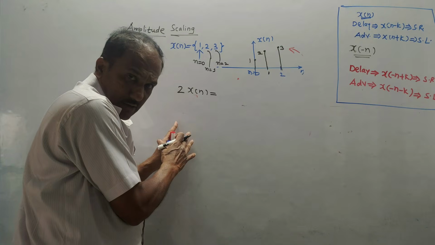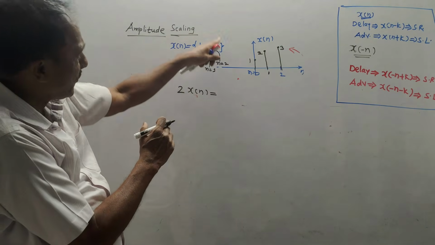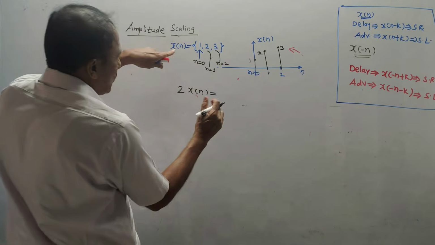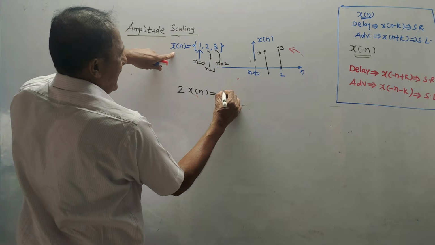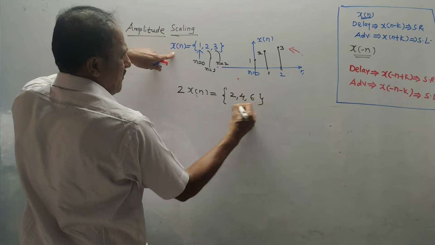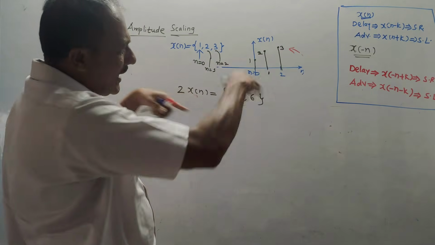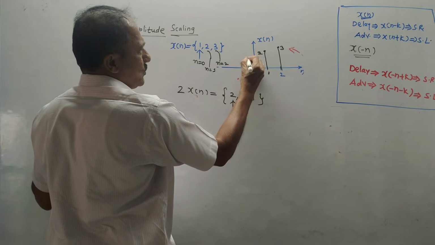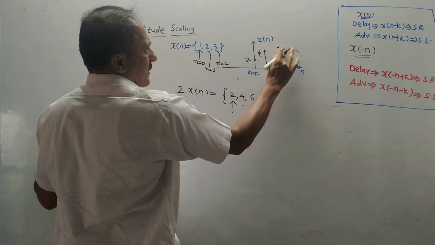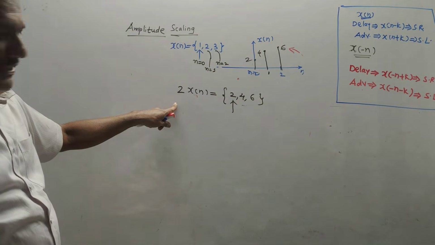Now 2 into x of n means every amplitude is to be multiplied by 2. So directly from the given sequence you can write levels 2, 4, 6. Keep the arrow as it is. The diagram remains the same, only amplitudes will be different. That's it. This is known as amplitude scaling operation.